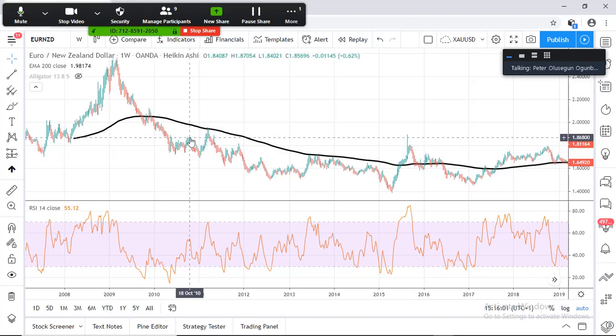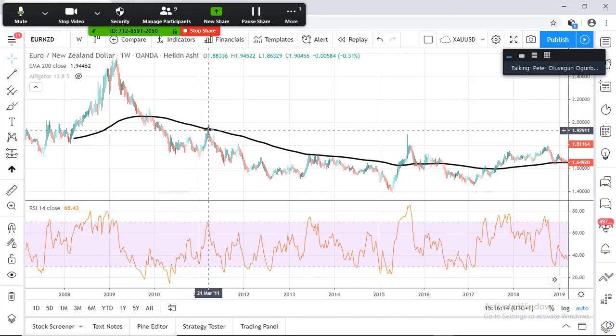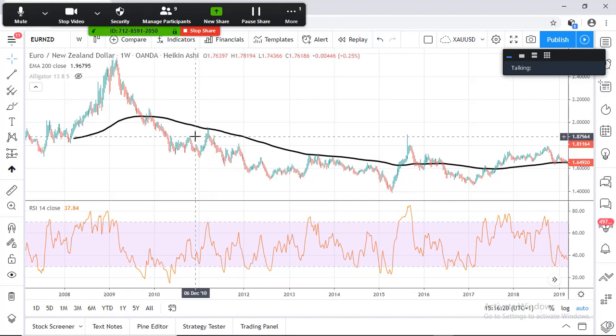But what the price did was to move in this direction, to even go above this pullback. And these are things that happen in the market that if you're not careful with what you know, you're going to lose money, because when you see this kind of a move in the market, you will think, oh, maybe the trend wants to change.